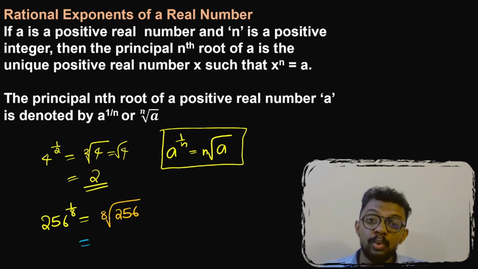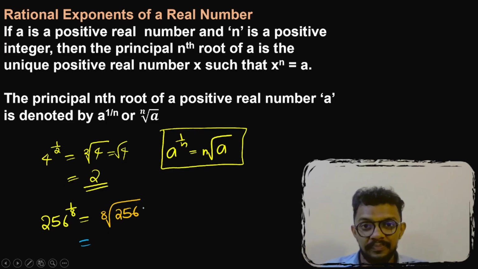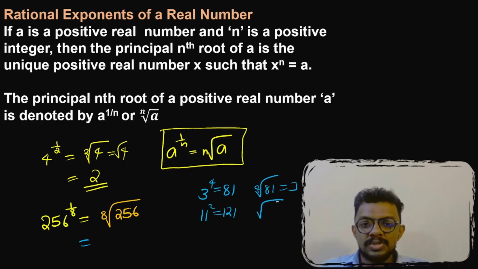Roots and exponents are inverse. I know 3 raised to 4 is 81, so the 4th root of 81 is 3. I know 11 square is 121, so the square root of 121 is 11.